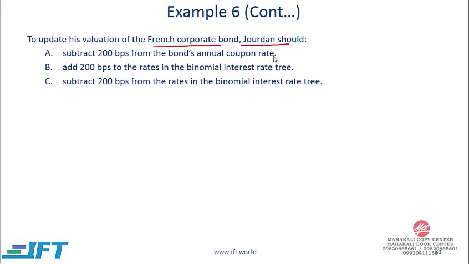Now, he had initially used the government rates, and he needs to add this 200 basis points to the rates in the binomial interest rate tree. So that's the correct answer. This is simply the definition of OAS. It's that fixed amount that needs to be added to the government rates or the benchmark rates in order to come up with the market price.